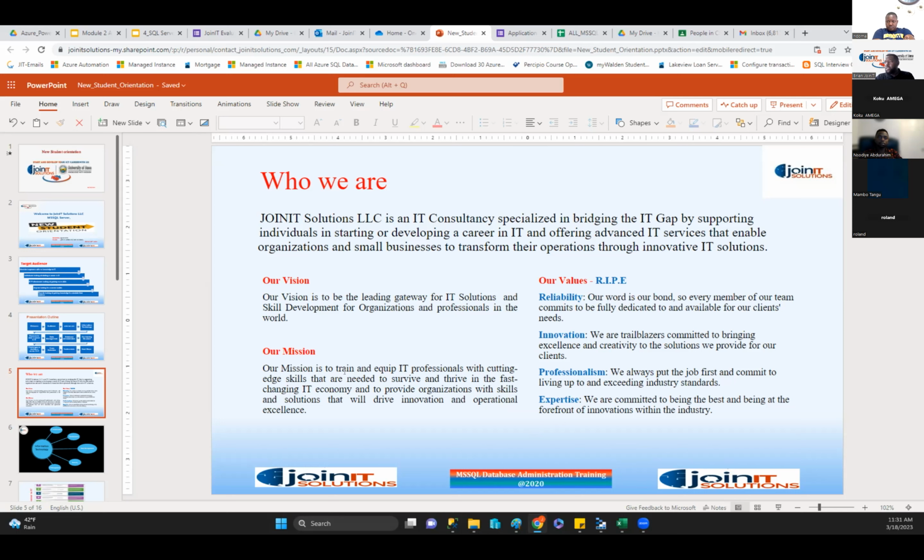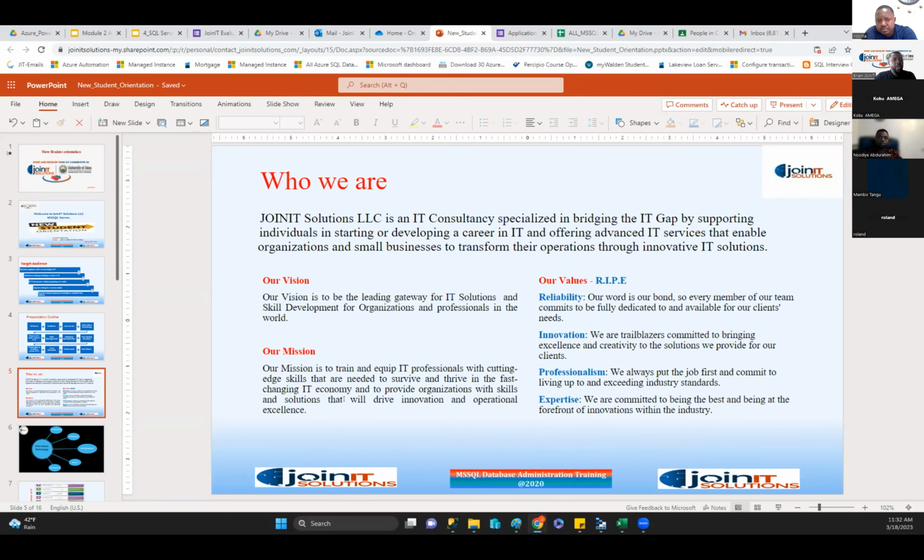Next, our mission is to train and equip IT professionals with cutting-edge skills that are needed at this point. This mission is helping us to get to our vision. Our vision is what we are looking at in the long run, and our mission is the things that we're going to do to get to that vision. And we have already started.